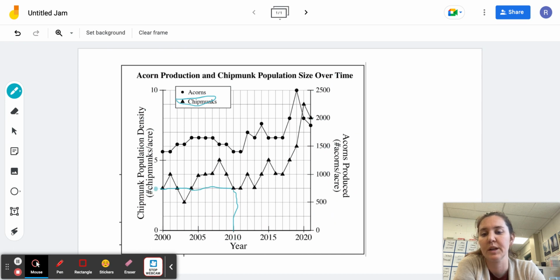And there's no number here. But if we look at our other numbers, we can say, okay, this goes 0 to 5. So what must each notch here be? Each one must be 1, because we would go 1, 2, 3, 4, 5. So that means in 2010, there were 3 chipmunks per acre.